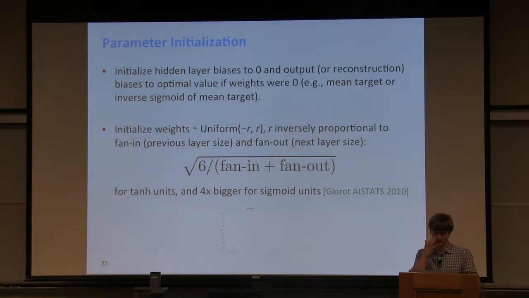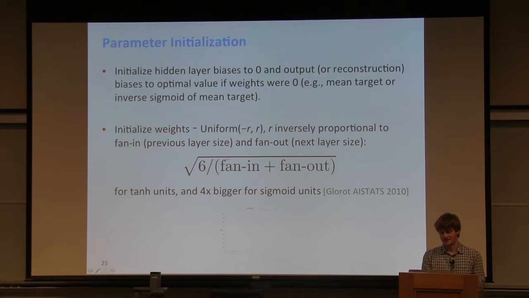People have looked at this a lot, and for instance, for sigmoid units, people often make sure they initialize the biases to be 0, and also try to have a mean 0, so you can normalize your inputs to have a mean 0 and a small standard deviation.